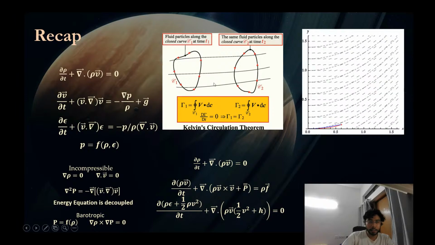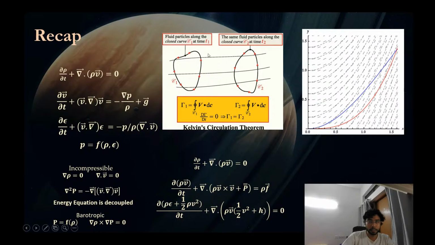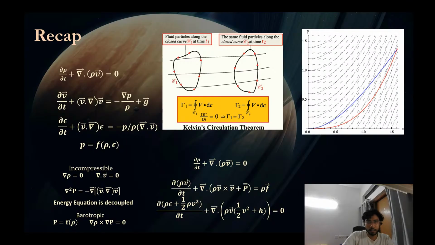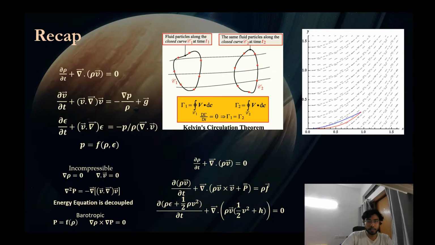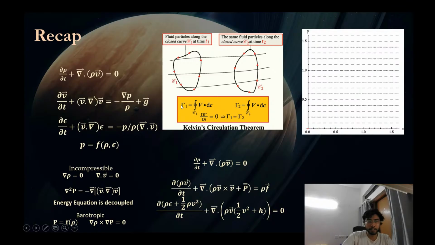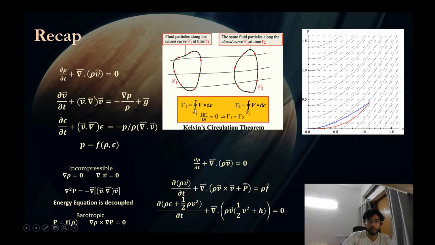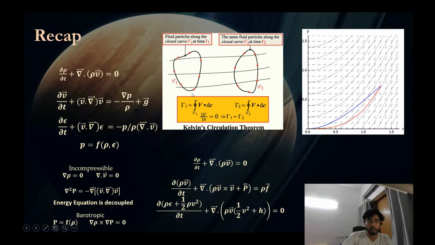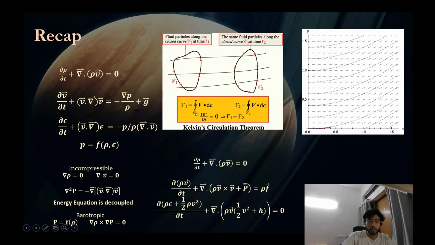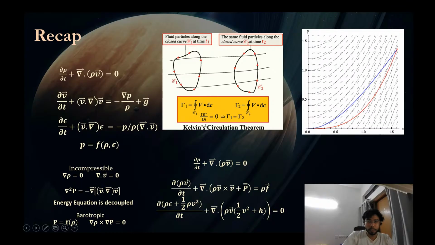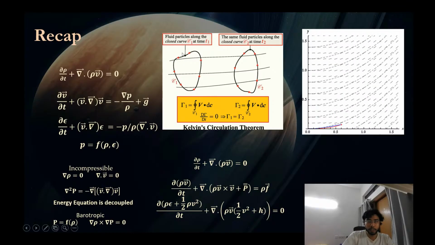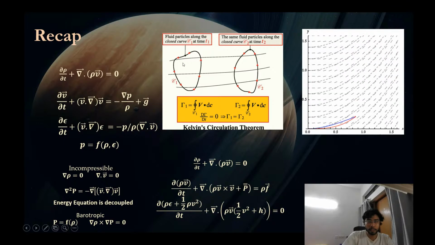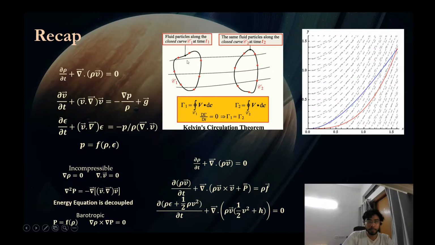And then we studied the Kelvin circulation theorem. Circulation is defined as capital gamma, which is the closed loop integral of v dot dl across any loop. The circulation theorem states that if you consider this gamma, the circulation within a loop, it won't change as the fluid is moving.